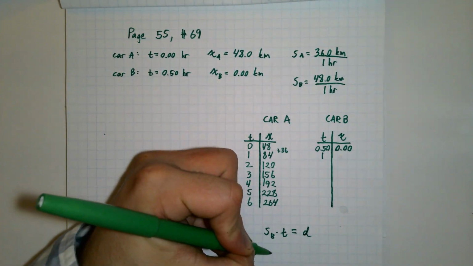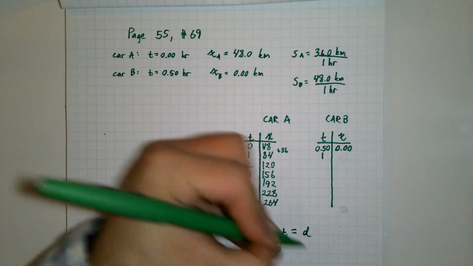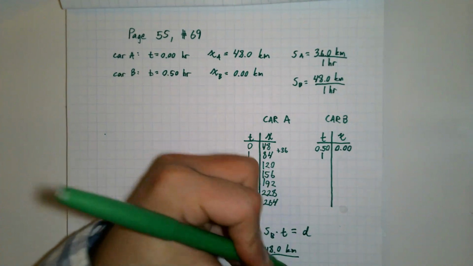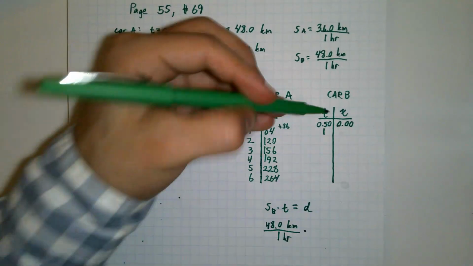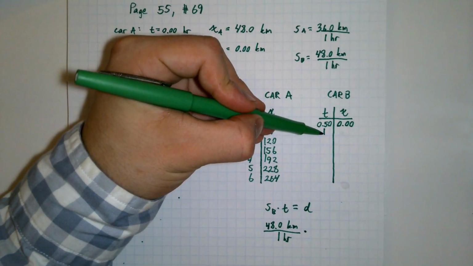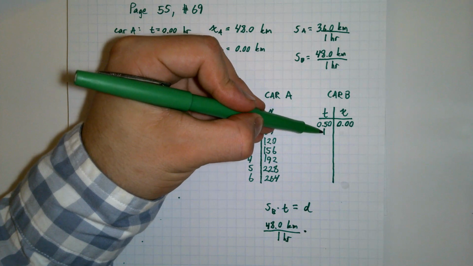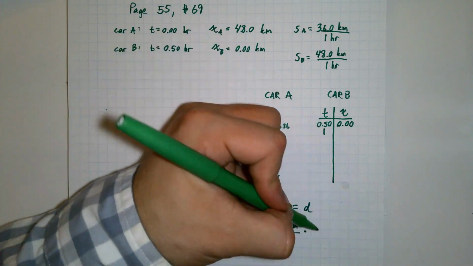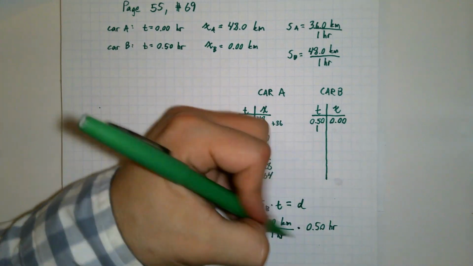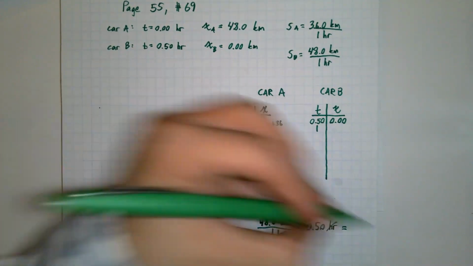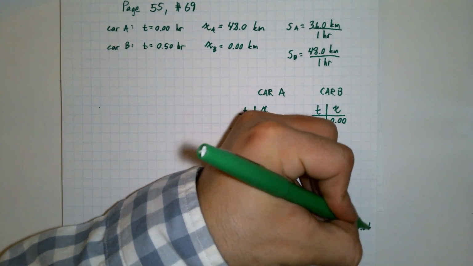We know that the speed of car B is 48.0 kilometers for every 1 hour. Well, he didn't travel for 1 hour from point 0.5 to 1 in terms of time. He traveled 1 minus 0.50, which would be a time of 0.50 hours. Our hours cancel, and we end up with 24.0 kilometers.